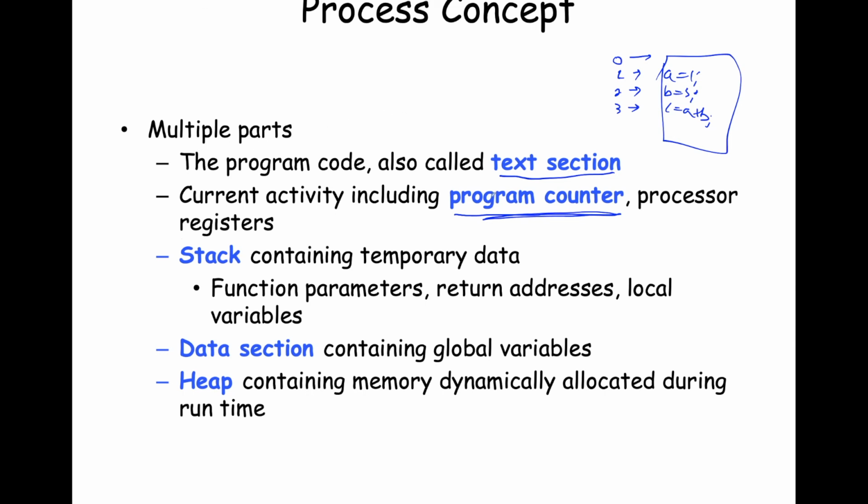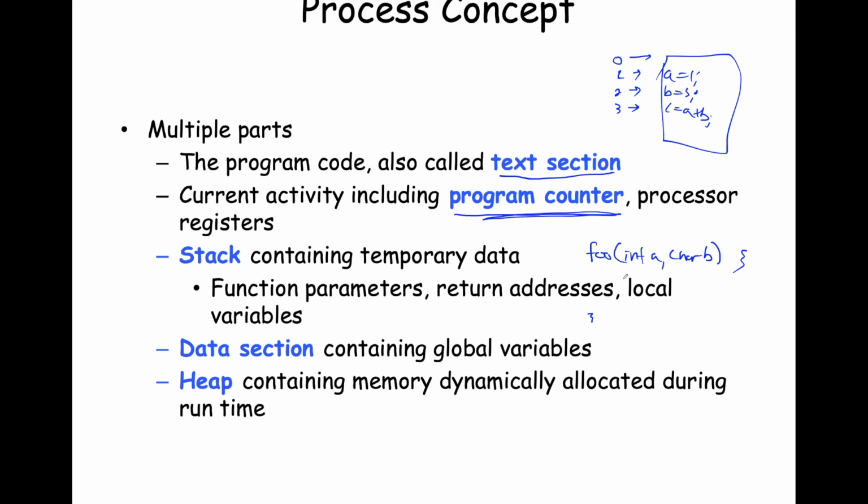Then we also have the stack portion of a process, and the stack is used for temporary data. It implements a stack data structure, and this is used for multiple purposes. One is for function parameters. So when you call a function foo, and you give it a parameter int a and char b, for example, well, these parameters are pushed onto the stack.